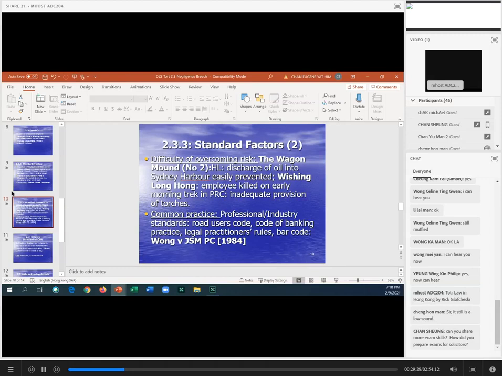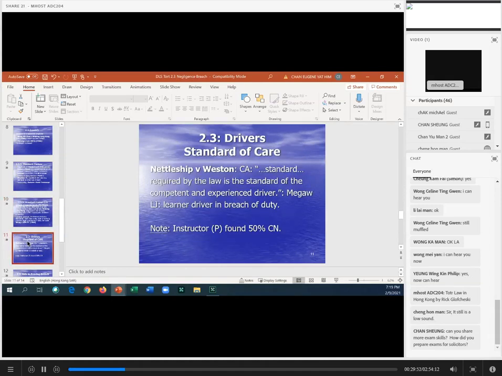The standards could vary a little bit depending on the facts. So Wong and JSM, for example, completion by undertaking was the normal practice in Hong Kong, but there was still breach of the duty of care in Wong and JSM. Okay, so that's revision, what we covered last time.